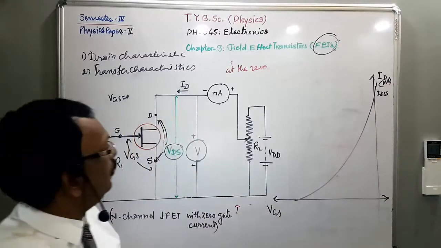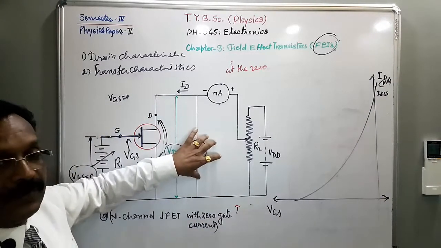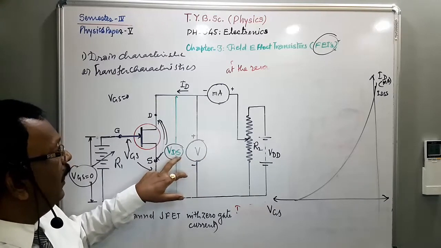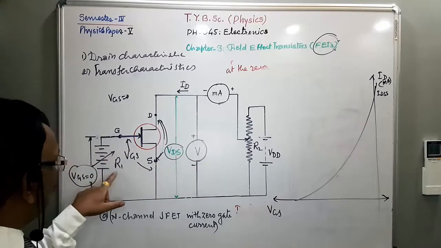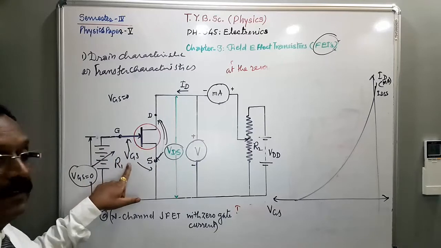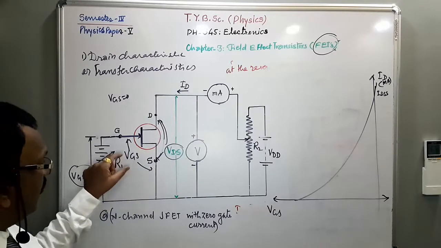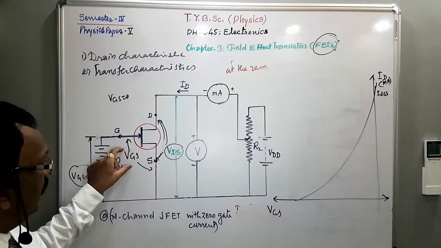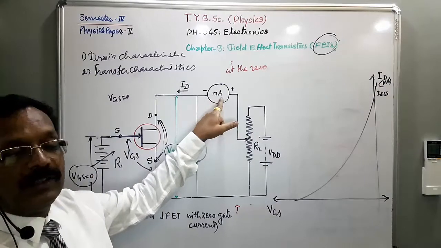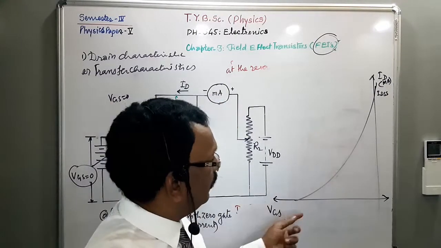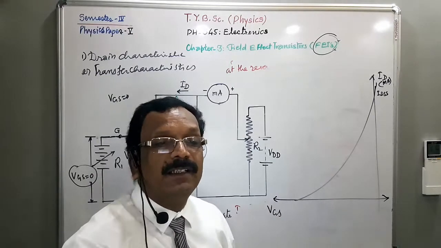Here, first of all, we keep a suitable value of VDS, and with the help of this potentiometer we change VGS in suitable steps. Corresponding to this change in gate to source voltage, we record ID, and when we plot this, we get a plot that looks like this.